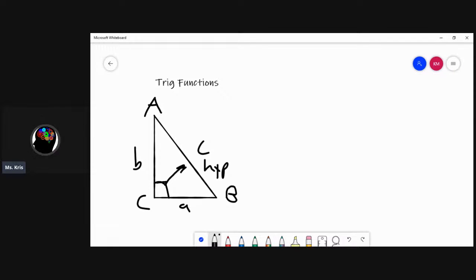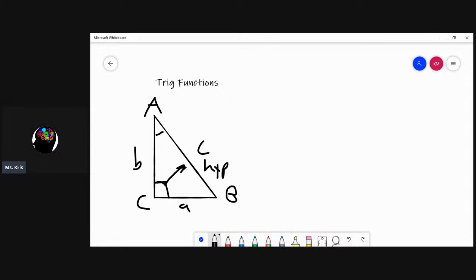Usually when we're dealing with trig functions, you look at the angles outside of the right triangle. You can do the trig functions of the right angle, but usually the trig functions are found for every angle except the right angle.